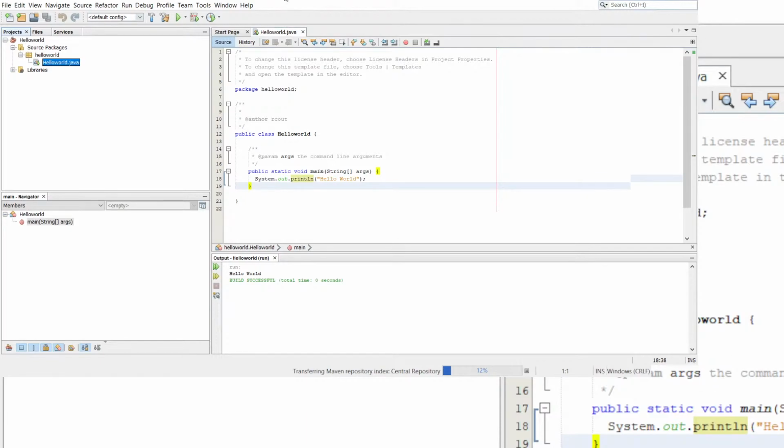So basically what I wrote here was system.out.println hello world, and that would translate to an output of hello world, which basically shows that your program is working.